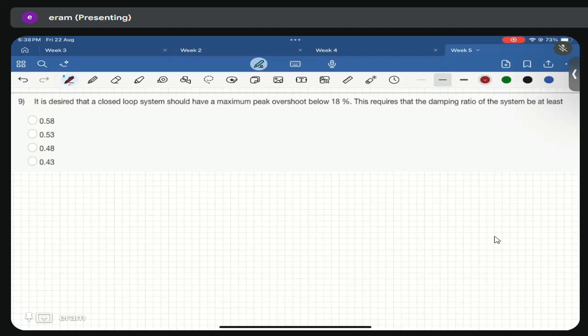This is again a formula based question. We know that maximum peak overshoot. For people who are preparing for GATE, they should be very fast in calculation, because if such a question comes, then what matters is in how much time you are solving such type of questions.